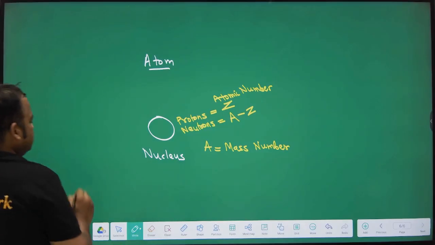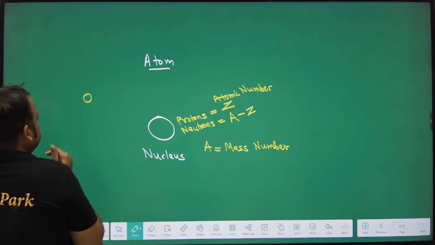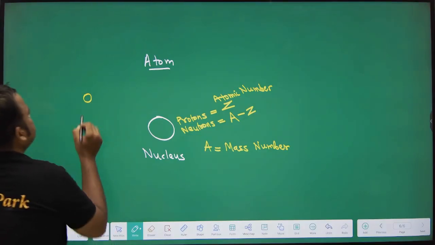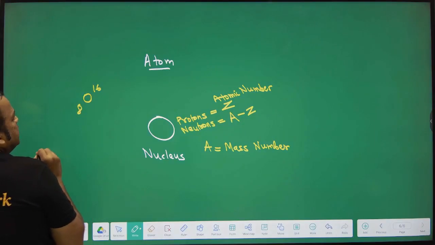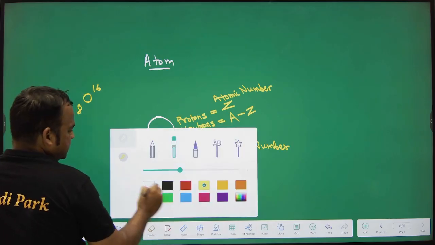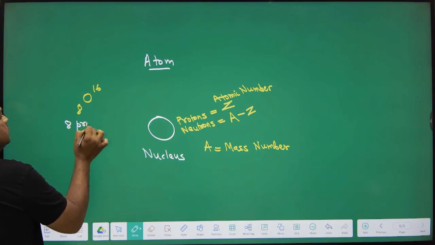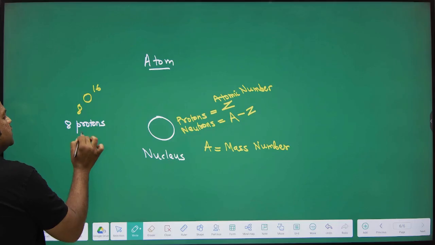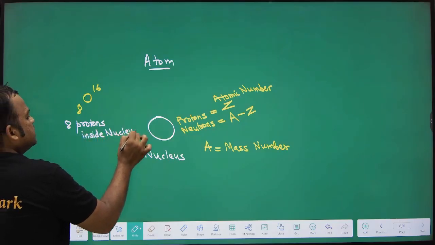For example, let's take oxygen atom. The mass number is 16 and the atomic number is 8. That means it has 8 protons inside the nucleus.